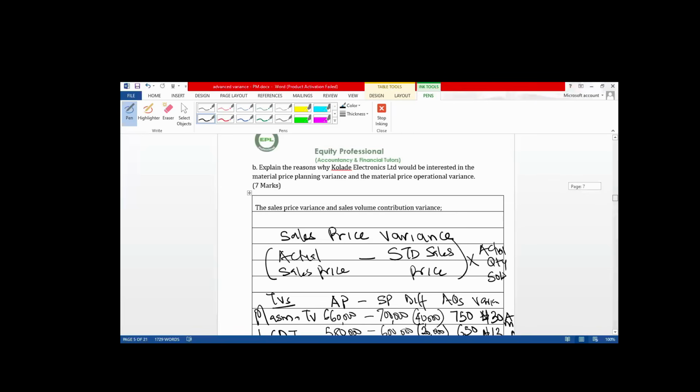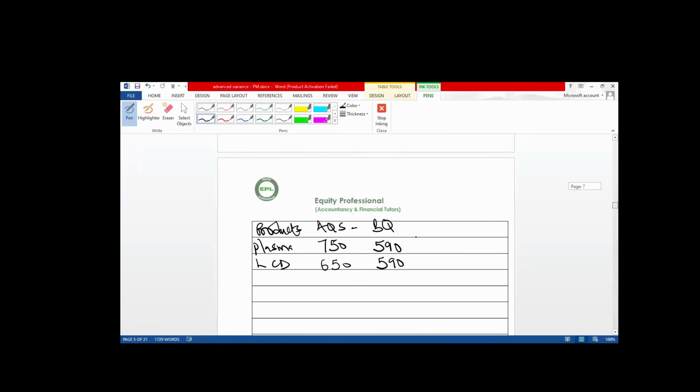Differences in quantity: 750 minus 590 is 160, then 60.